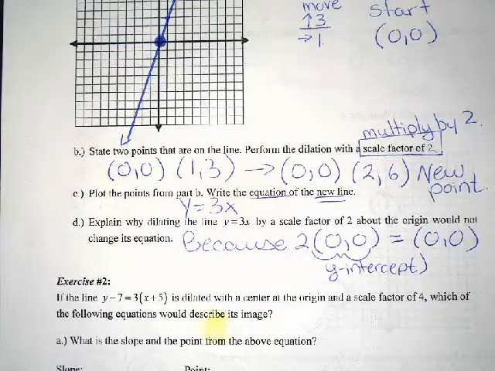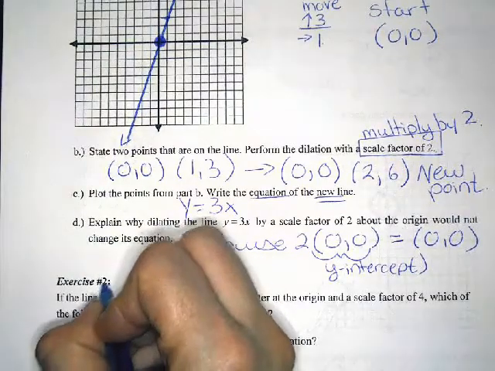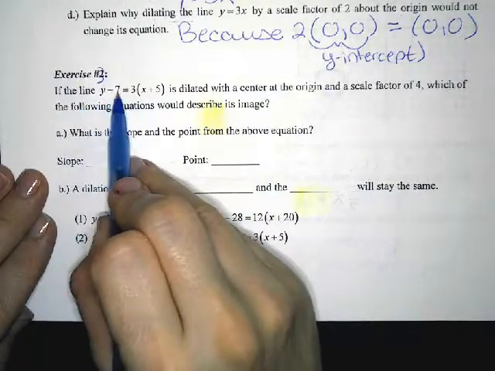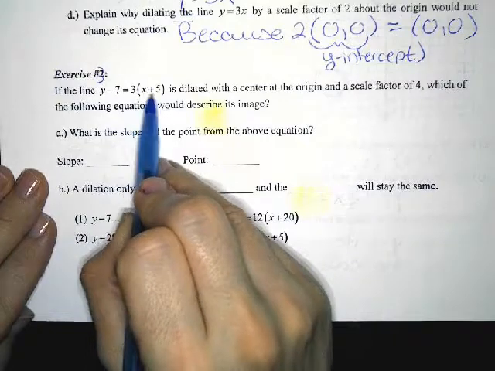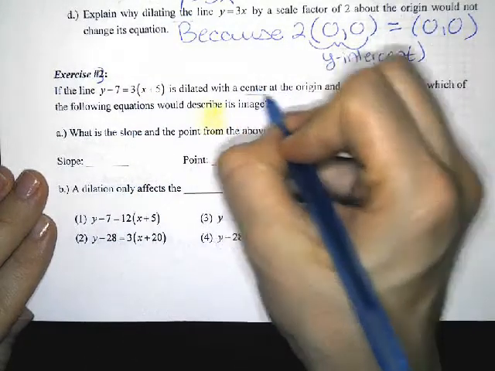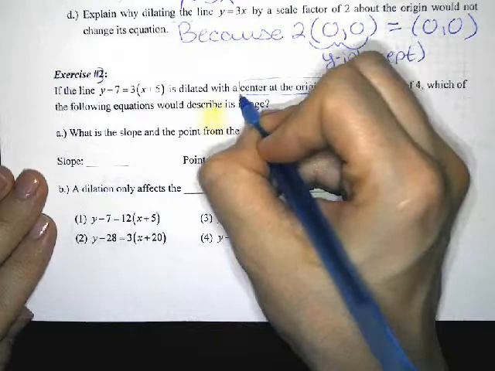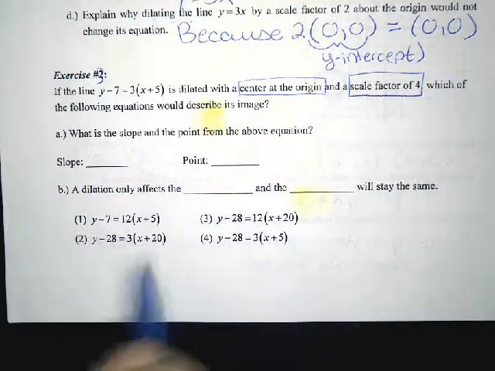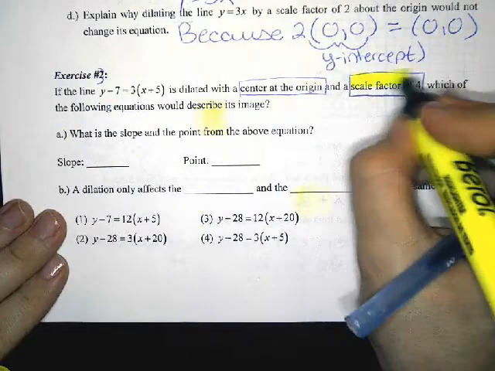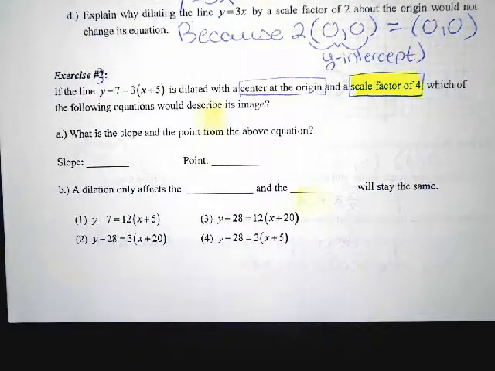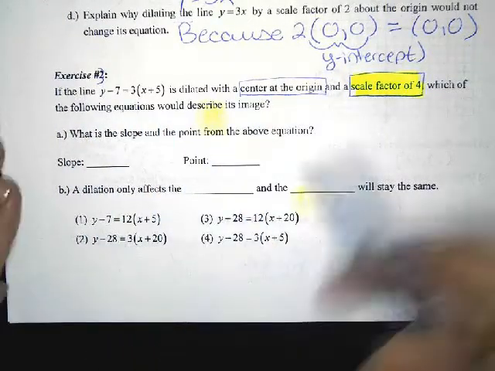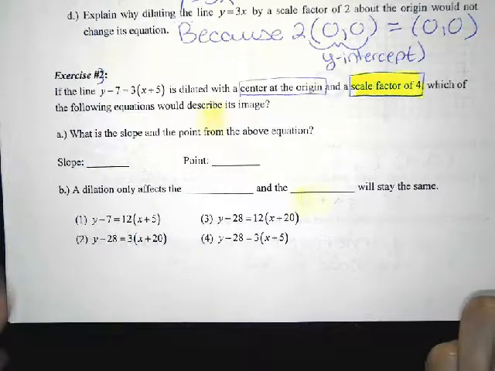All right, moving down to what's supposed to be exercise number 3. All right, if the line y minus 7 equals 3 times the quantity x plus 5 is dilated at the center, at the origin, and a scale factor of 4. Okay, scale factor of 4. Which of the following equations best describes its image? Well, let's take a look at that.